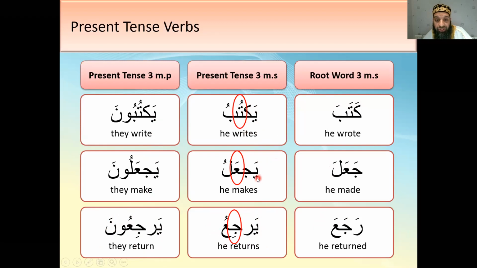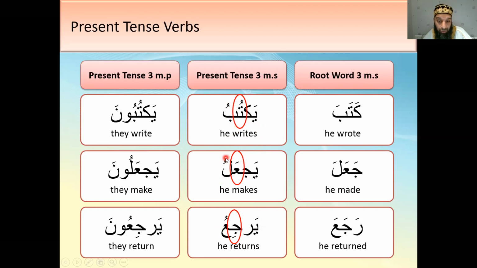And then what we mentioned is, look at these here. Yaktubu. This one's yaj'alu. This one is yarji'u. Everything else is the same. The first letter gets a ya with a fatha on, a ya with a zabar on. The second letter, when it converts into present tense, gets a sukoon on it. Yaj, yak, yar. And the fourth letter has a dhamma on it.